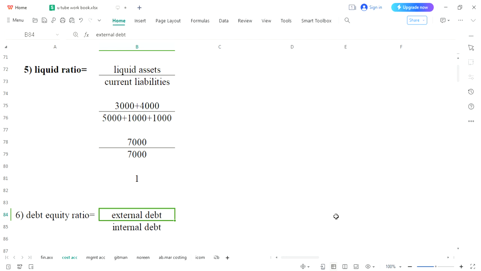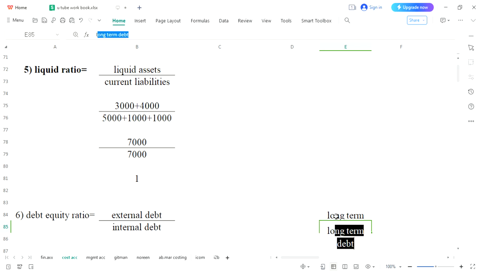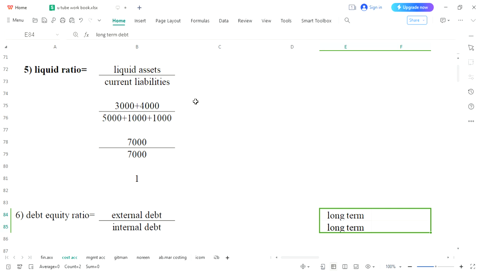And the second formula, as we know, is long-term debt divided by long-term funds. Then we have, let me correct it, and we need to settle down in this way.